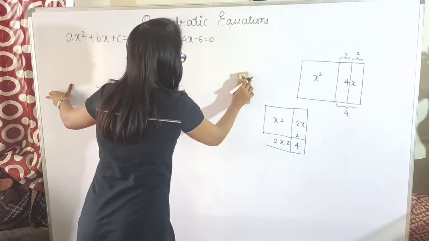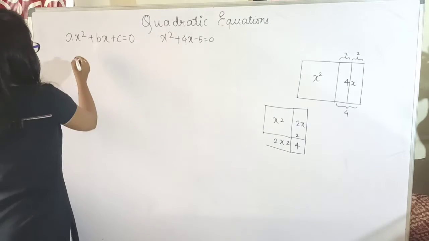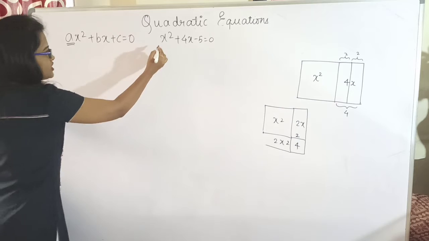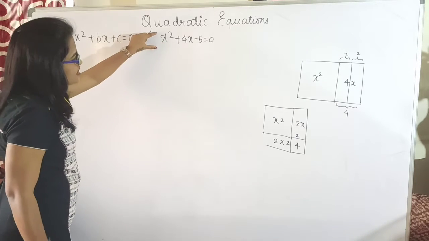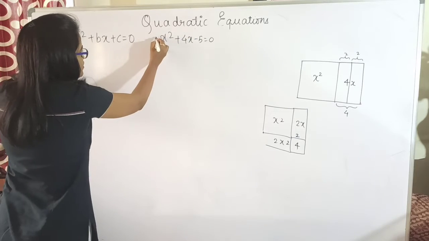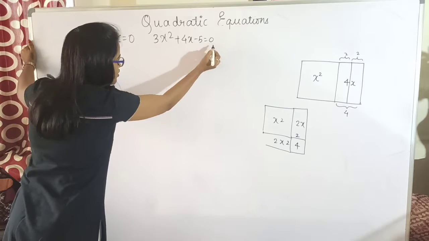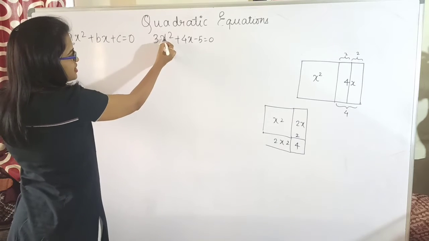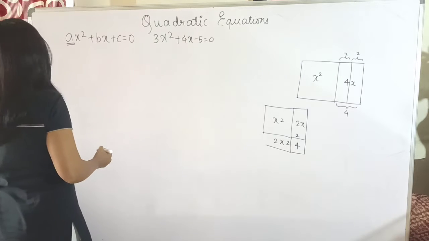The first step says you have to make the coefficient a as 1. As you can see, what was the coefficient here? 1. So I didn't need to divide the equation. But if the coefficient was, suppose, 3 here, in this case I would have divided the whole equation by 3. Hence this will be just x square, it will be 4 by 3 x, and this will be 5 by 3.